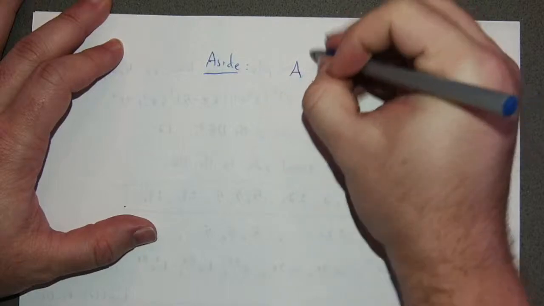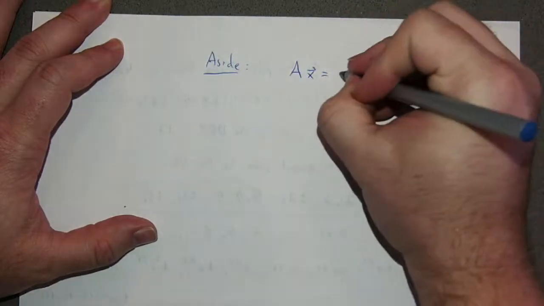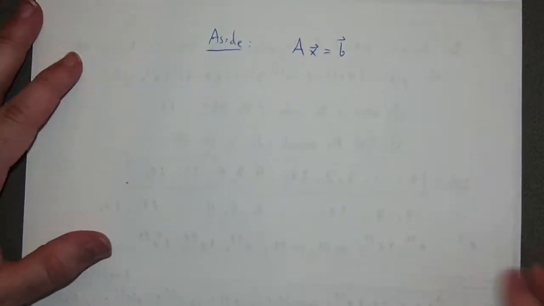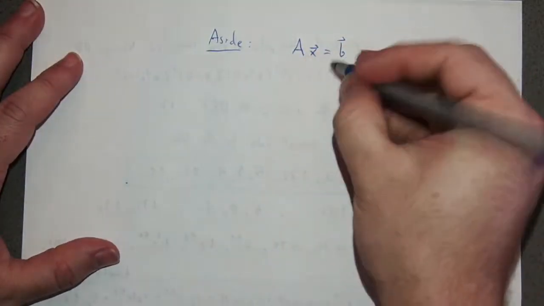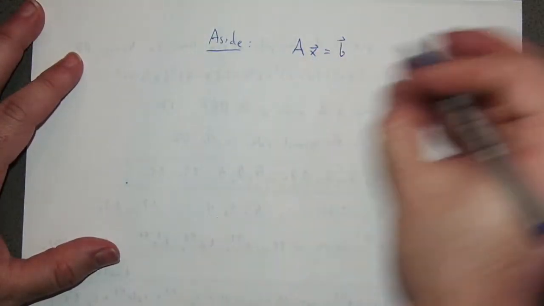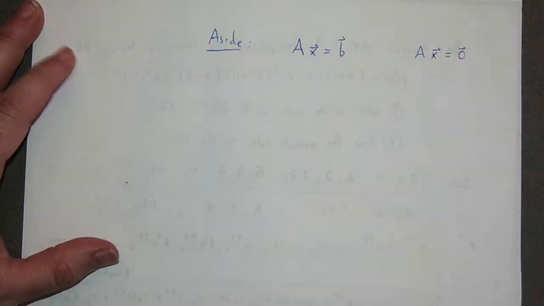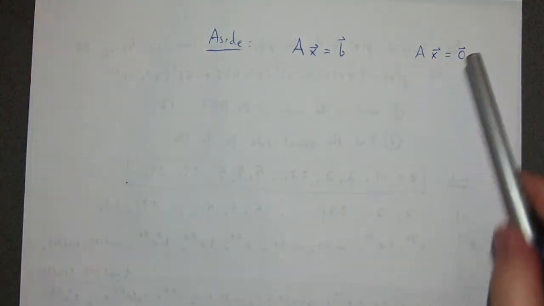When you have a matrix equation that looks like this, Ax equals b, how is a solution to this related to a solution to the associated homogeneous matrix equation Ax equals 0?